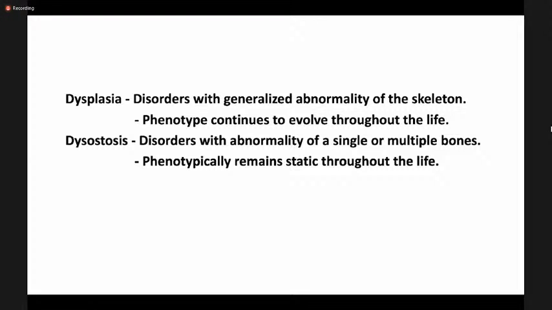And it is thought that the phenotypical behavior of it tends to remain static throughout life. So in dysplasia, the thing is just evolving as the individual grows up. But the dysostosis is actually thought to be static.